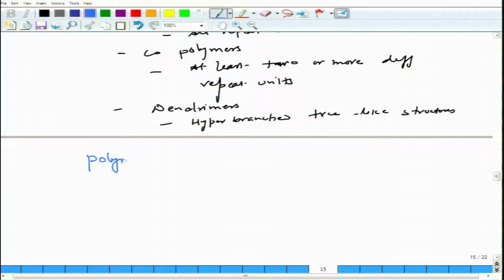Polymers exhibit different structures, but have limited tendency to crystallize.